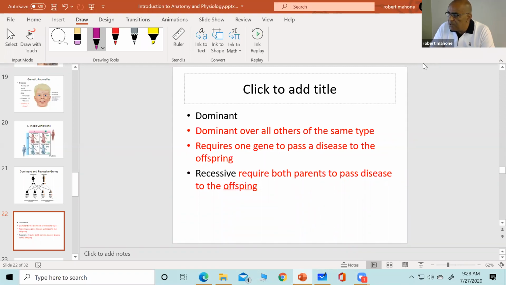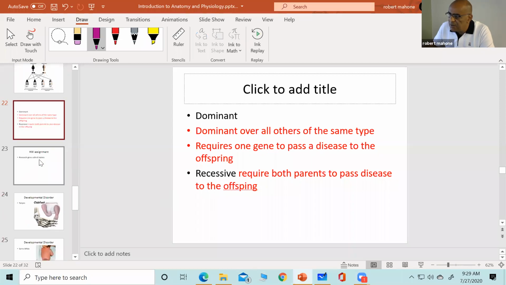Know both definitions for dominant, and know the difference between dominant and recessive conditions. Dominant, one gene; recessive, two genes, or both. All right. So that's dominant and recessive genes.